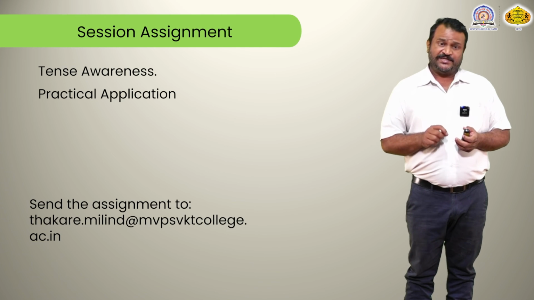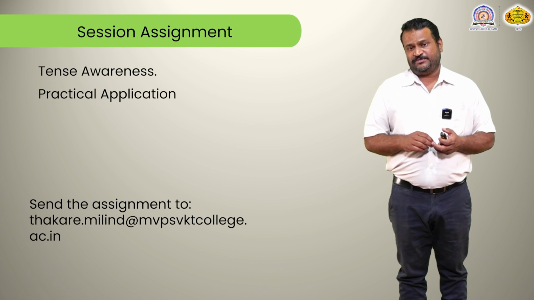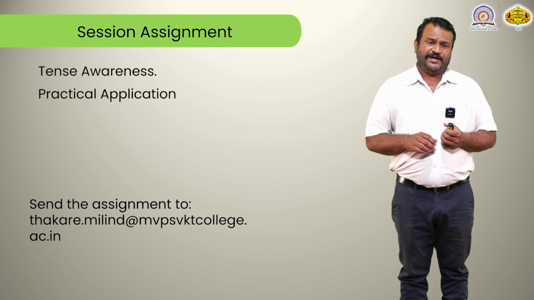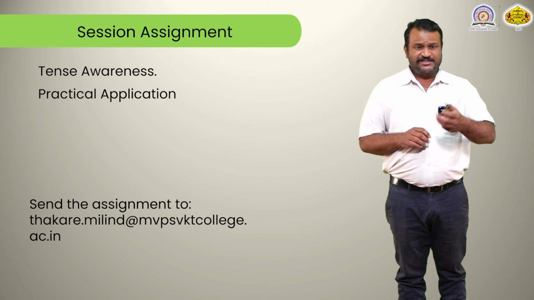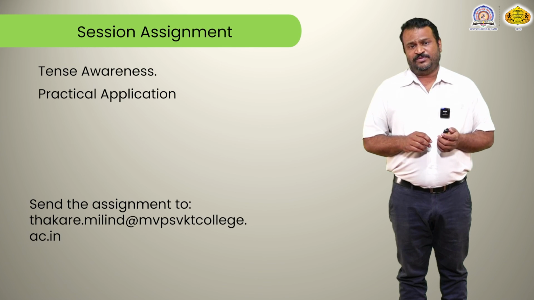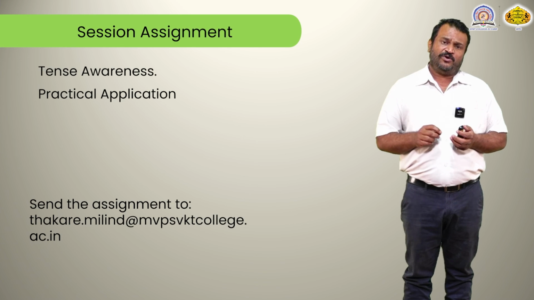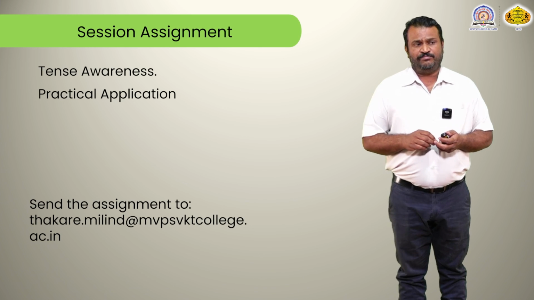And apply these tenses to your daily expressions. For example, if you are standing at the bus stop and observing the things happening around you, try to apply it. Which tense are you going to apply? Present continuous tense.